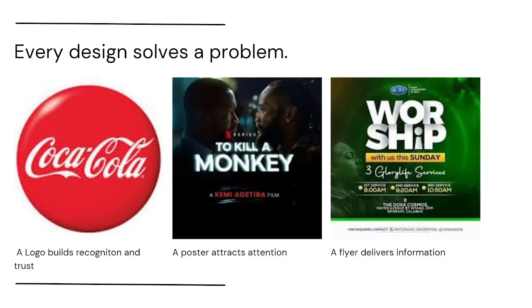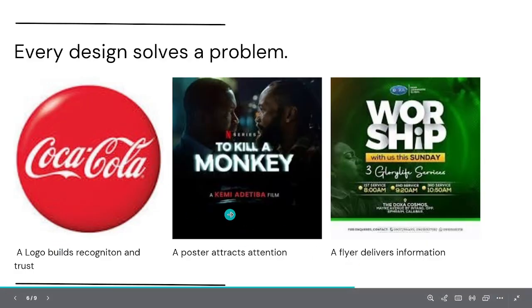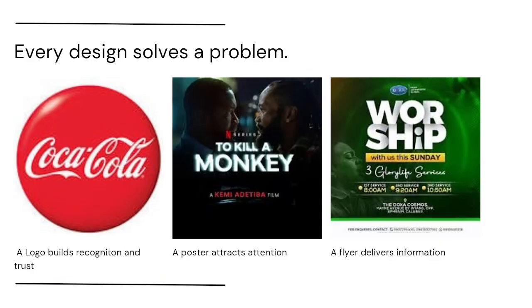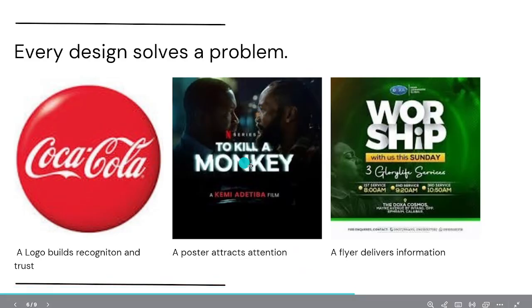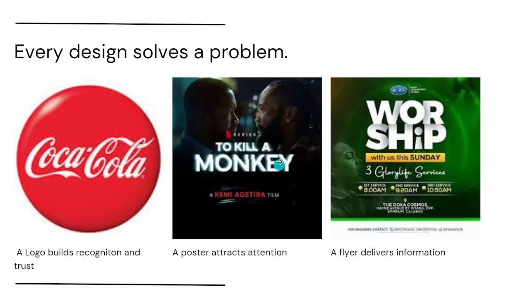The second section here talks about a poster. A poster attracts attention. This is a poster for the series To Kill a Monkey, I think, which was released earlier this year or late last year. I can't recollect now. And on the last section here, we have a flyer. A flyer delivers information.